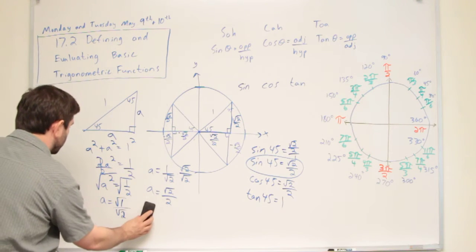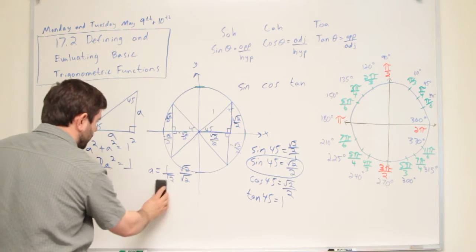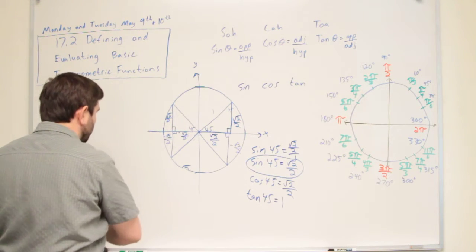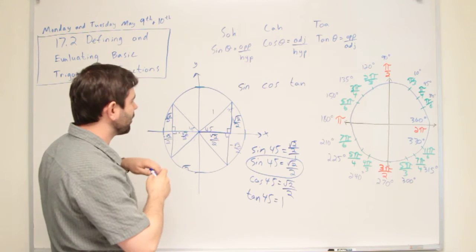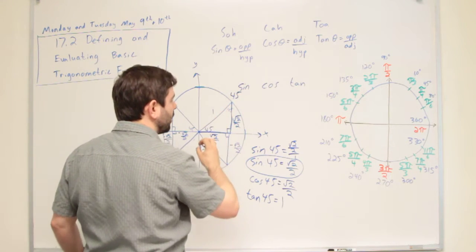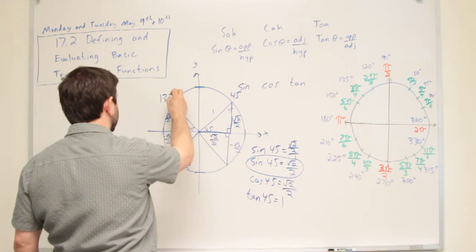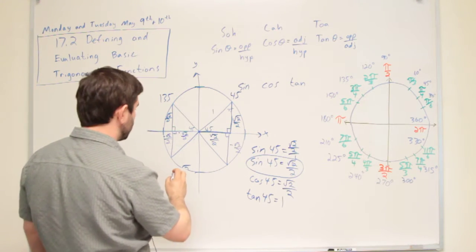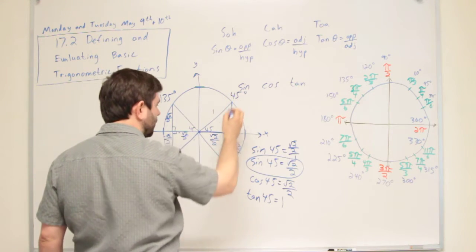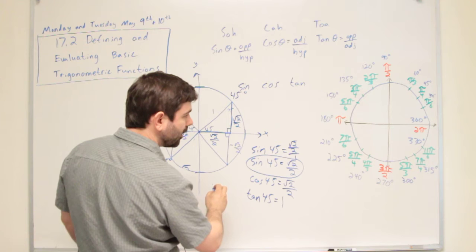Okay, so that was sine, cosine, tangent, and we can use this for all of our 45-degree angles. So this is 45, this is 135, this is 225, and this is 315.